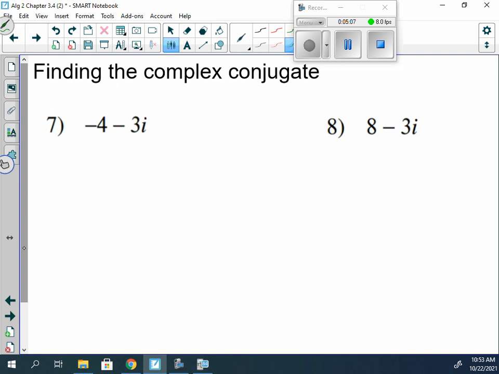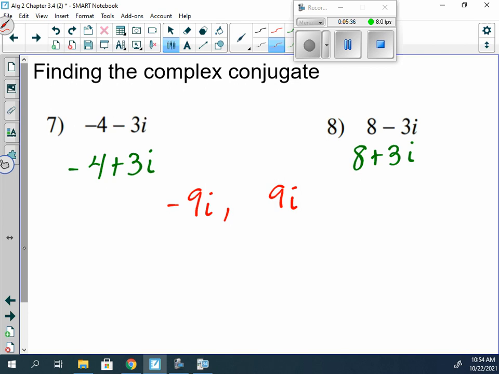How about negative 4 minus 3i? And 8 minus 3i would be? What would the complex conjugate of negative 9i be? Yeah. Because how could we also see this? We could also see it as 0 minus 9i, yes?